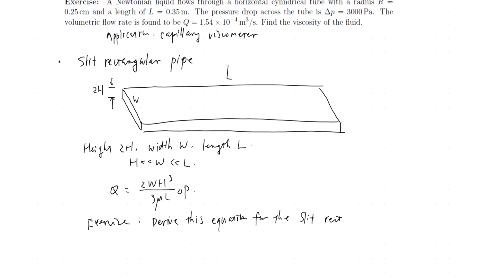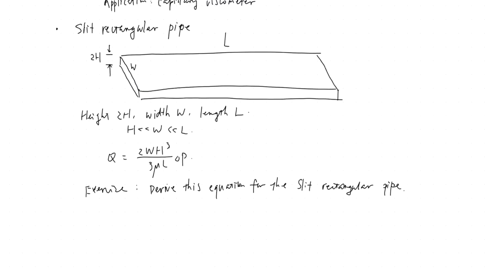As a hint, you will need to use the combination of force balance and the constitutive relation. It's a Newtonian flow, laminar. So make sure you review this lecture and the previous lecture, and after you have fully digested the way we derived it for the cylindrical pipe, then work on this one.